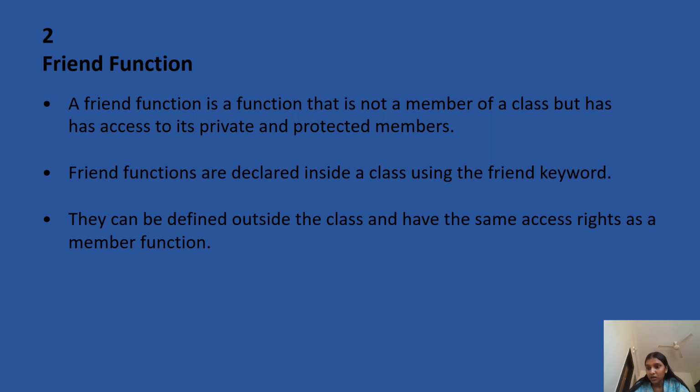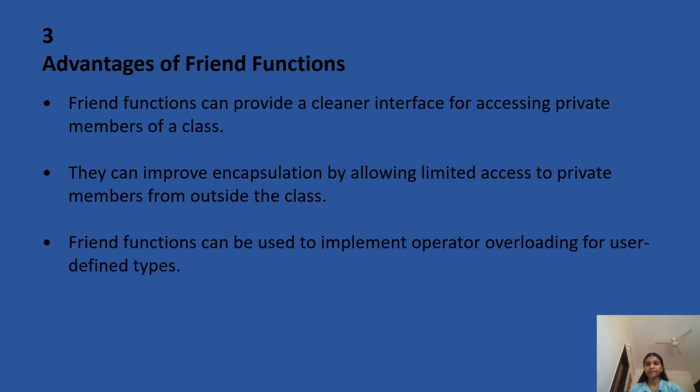Friends are not members of the class, but the prototypes of the friend function appear in the class only. A friend function in C++ is defined outside of the scope of the class, and it has authority to access all the protected members and private members of the class. Coming forward, we will see an example for the friend function.